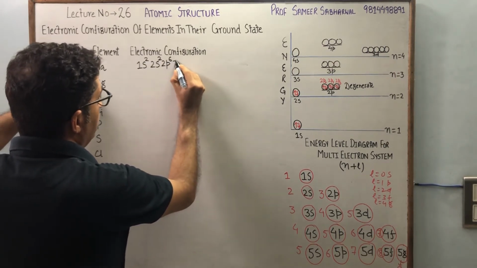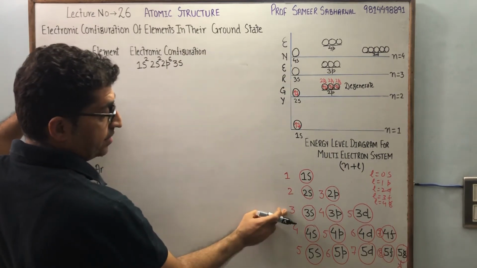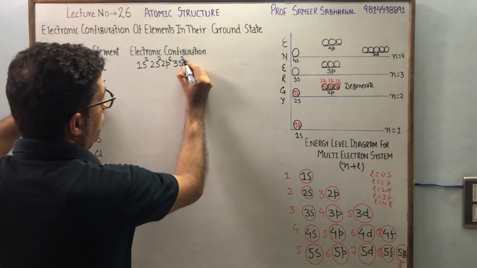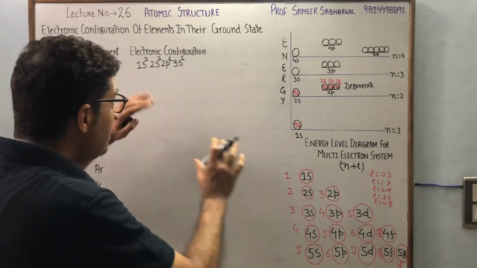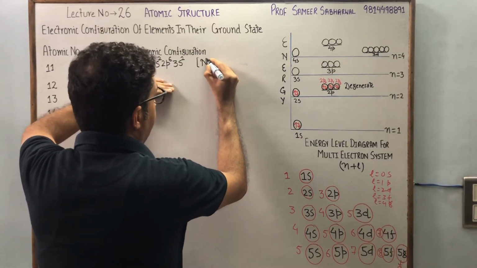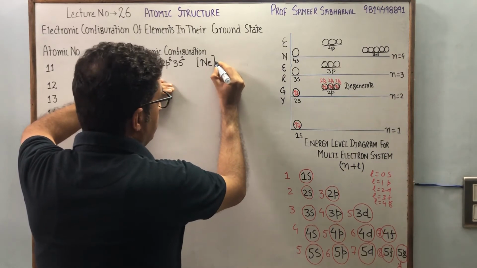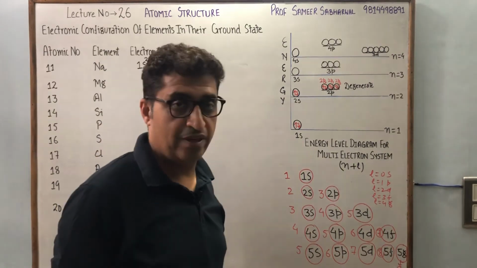and then comes 3s because of lower energy. You can see 3s, 3s1. Very simple. And the easiest way to write it is in terms of noble gas configuration. Neon, which is representing the second complete shell, neon noble gas configuration hai.